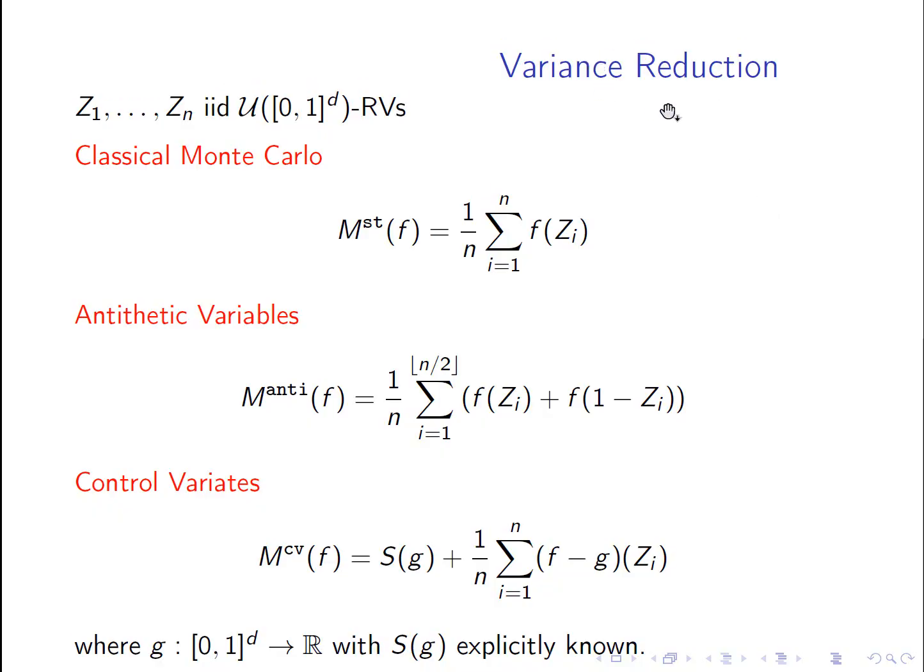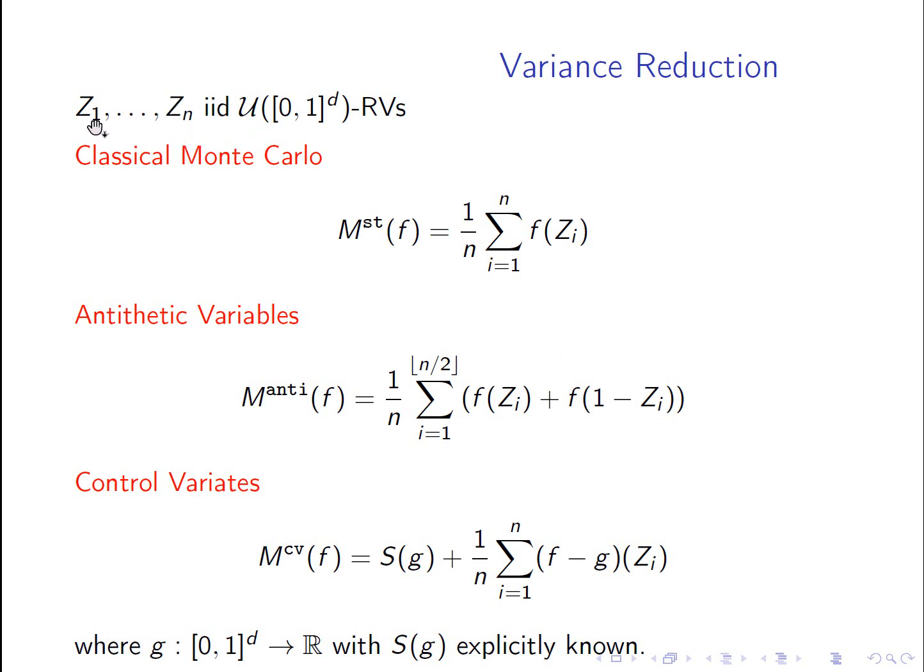Okay, so here's a list of the so-called variance reduction methods. As a reference, here's the classical Monte Carlo method, which we have seen quite often now. The first method is the so-called method of antithetic variables. What we are doing here is we do not use only f of Z_i, but also f of 1 minus Z_i. Why can we do this?